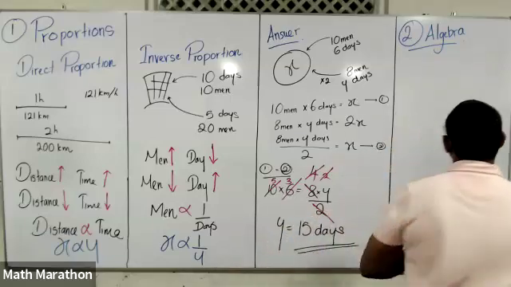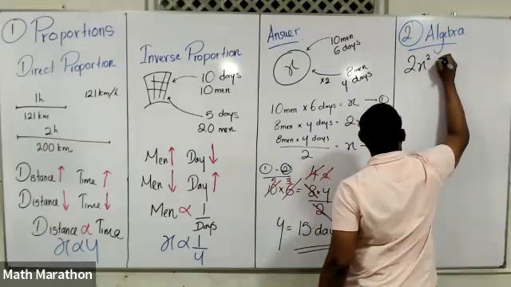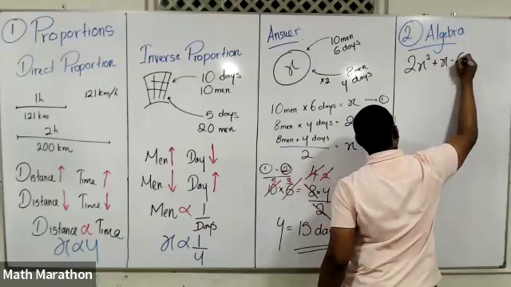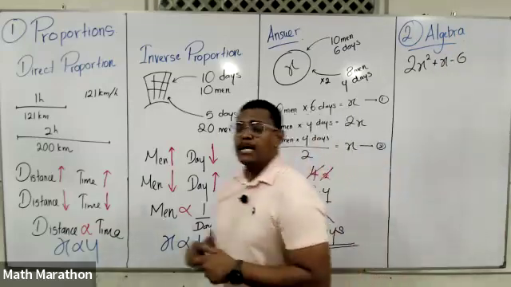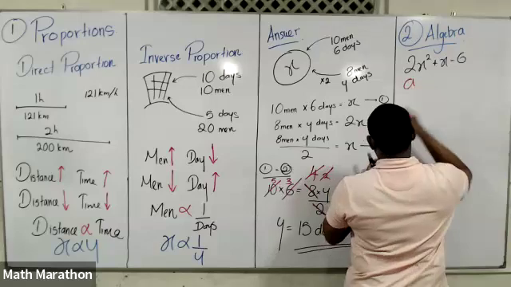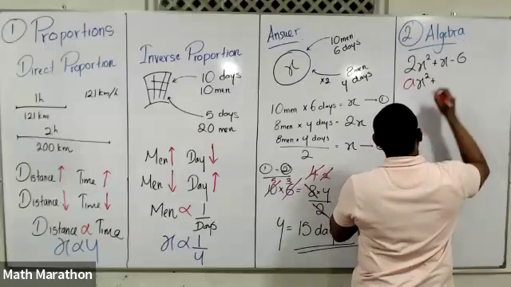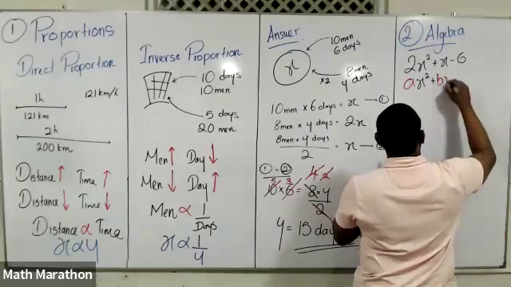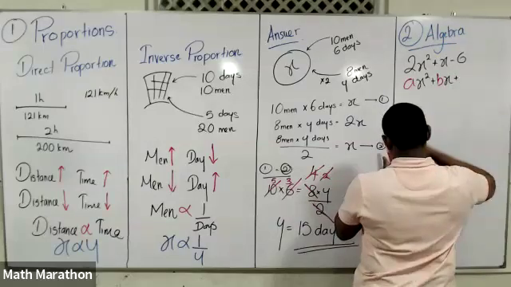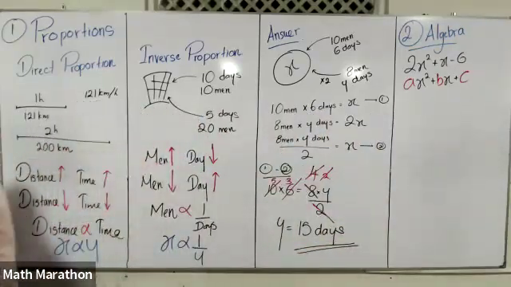I have 2x squared plus x minus 6. The first thing I should do is to convert it to ax squared plus bx plus c format. First thing you should do.